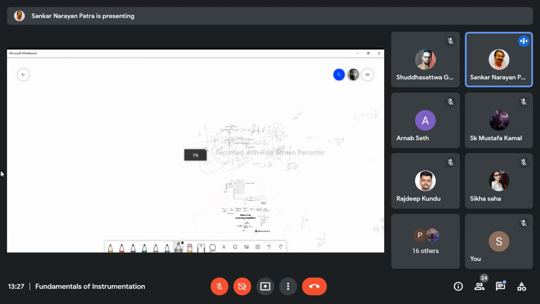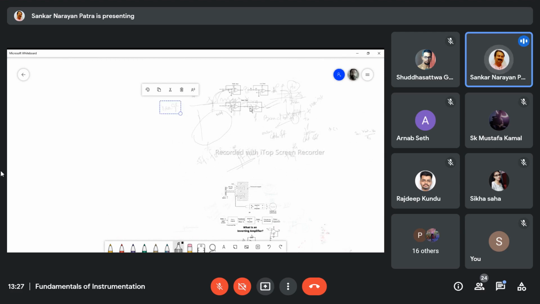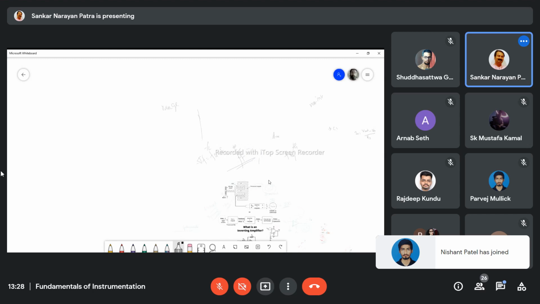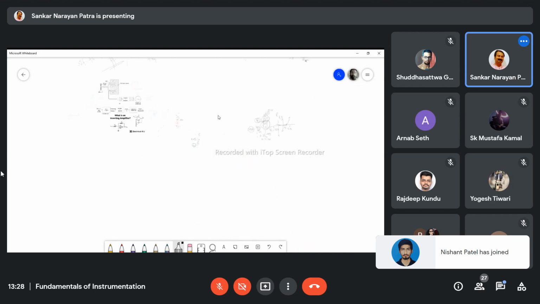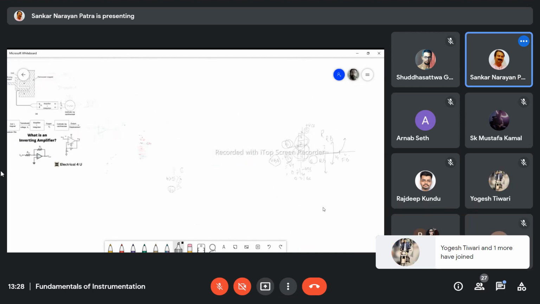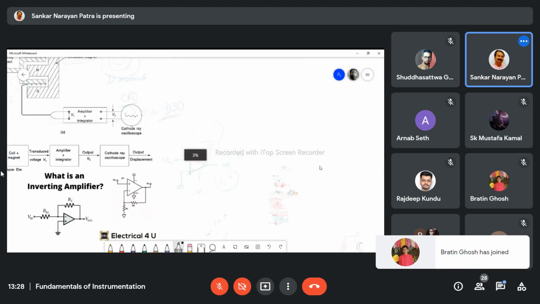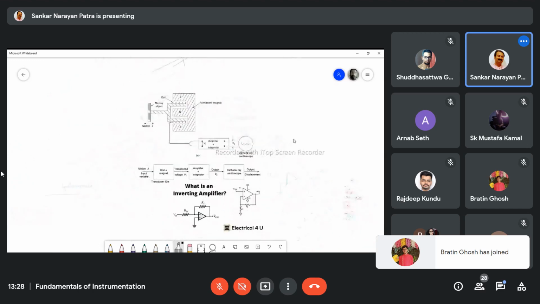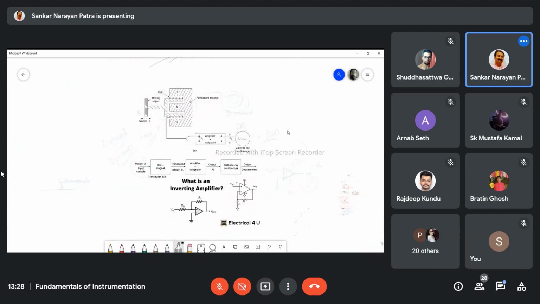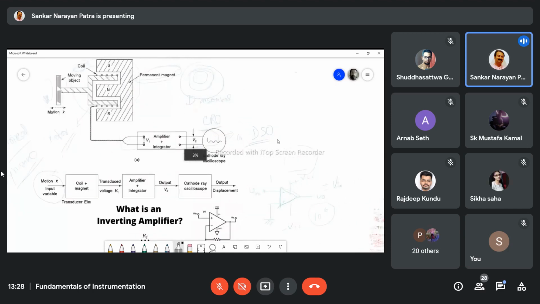Now come to our basic part from where we came here. So this was our electro dynamometer.